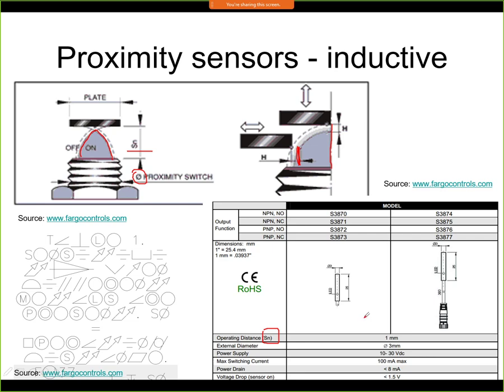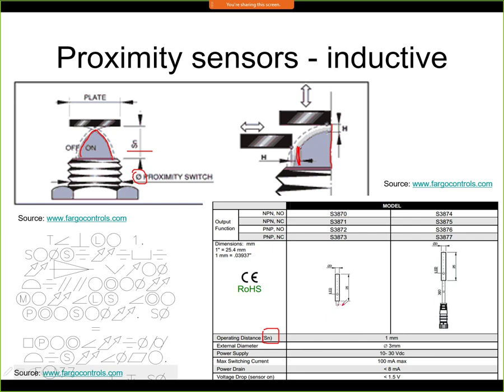For other metallic materials that are not ferromagnetic, such as copper, aluminium, brass, bronze, the detection distance gets significantly smaller, and it could go to around 0.4 to 0.3 of the detection distance. So if I have a sensor that has an operating distance of 1 millimeter for iron, then approximately for aluminium it will be something like 0.4. And if my object is outside of this detection distance, it will not get detected.